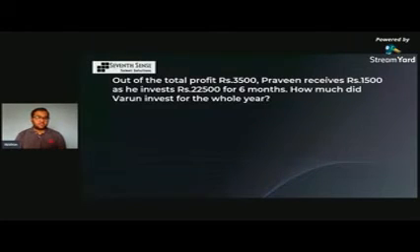Check the answer. The total profit is 3,500. Praveen receives 1,500. Praveen invests 22,500 for just 6 months. We want Varun's investment for one whole year. What is the answer?